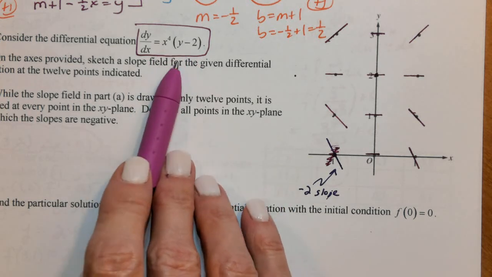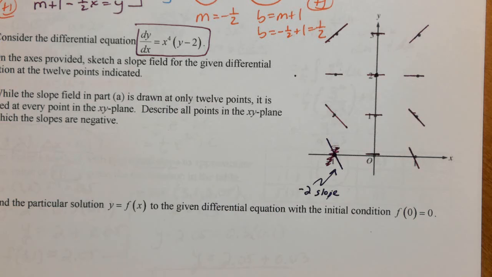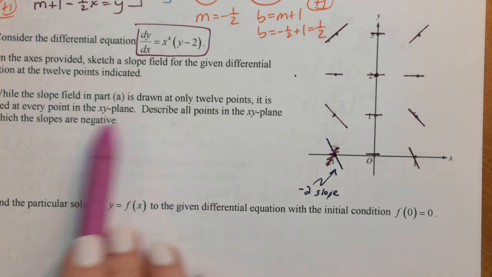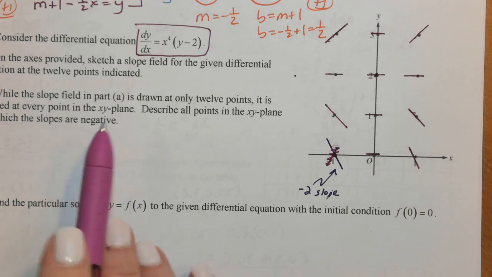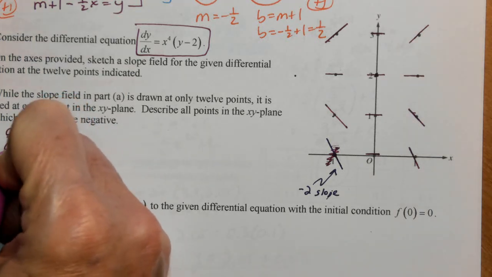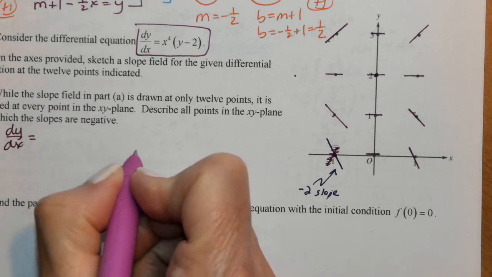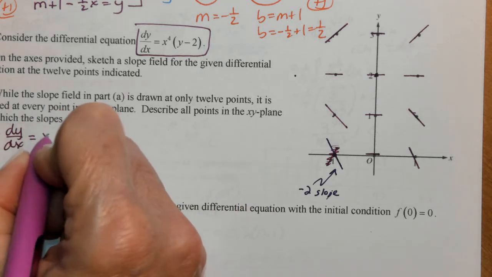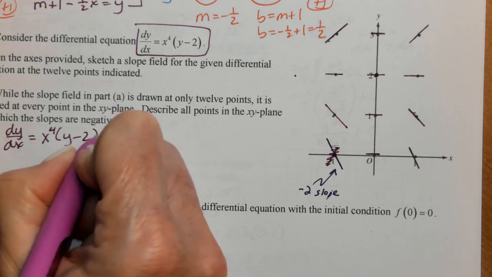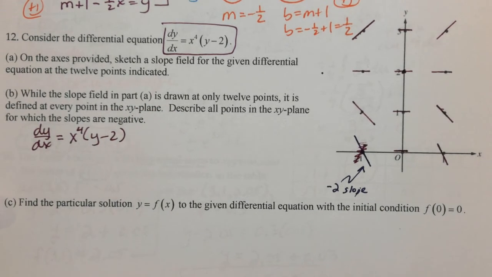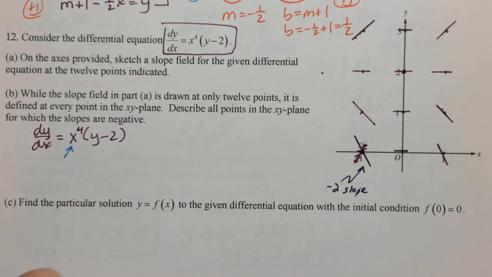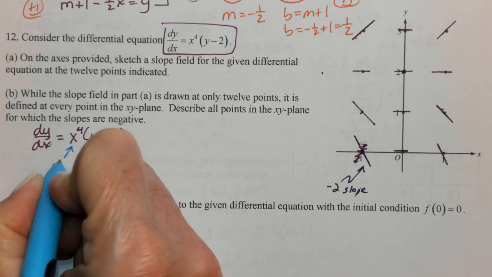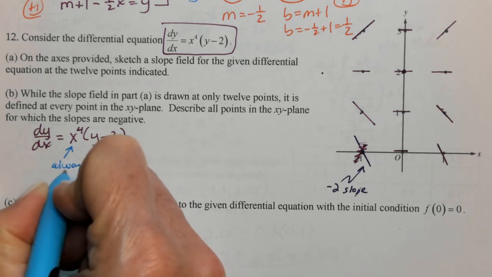because there's not an x or a y in a denominator or under a square root that's going to make it undefined. Okay? Describe all the points in the xy plane for which the slopes are negative. So we want to describe the points for which the slopes are negative. Well, this is our dy/dx, right? x is always being raised to the fourth power, so that piece is always positive.